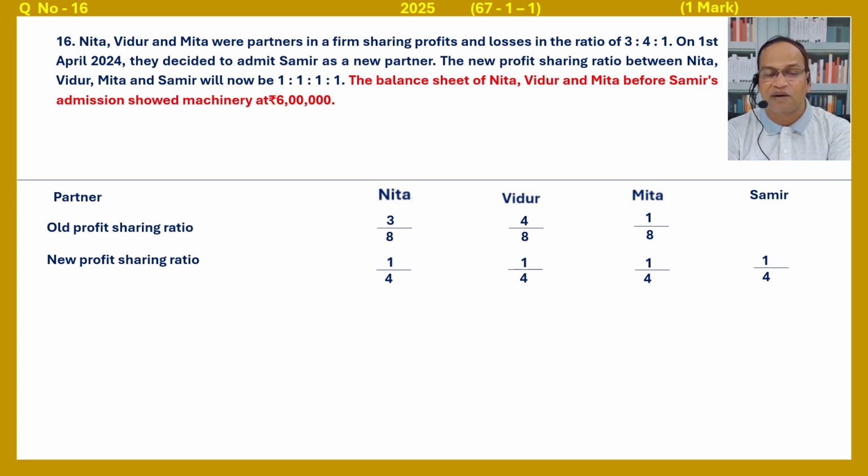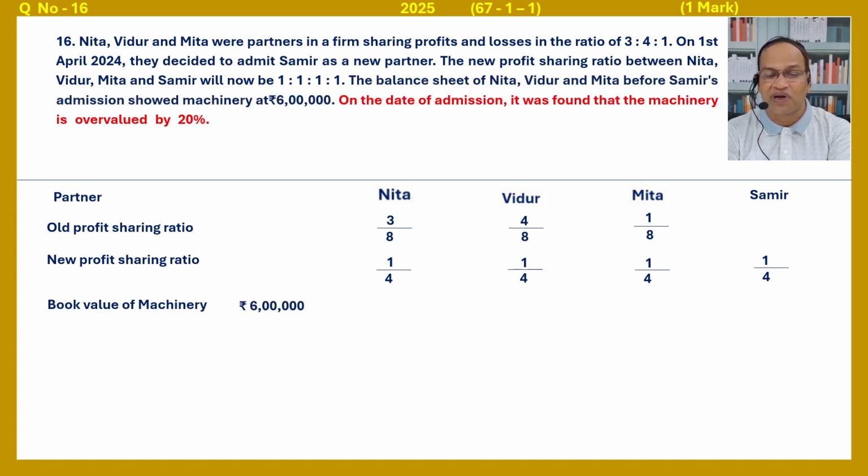The balance sheet of Nita, Bidur and Mita before Samir's admission showed machinery of rupees 6 lakh, the book value before admission. On the date of admission, it was found that the machinery is overvalued by 20%. Overvalued means instead of 100, we are writing 120.